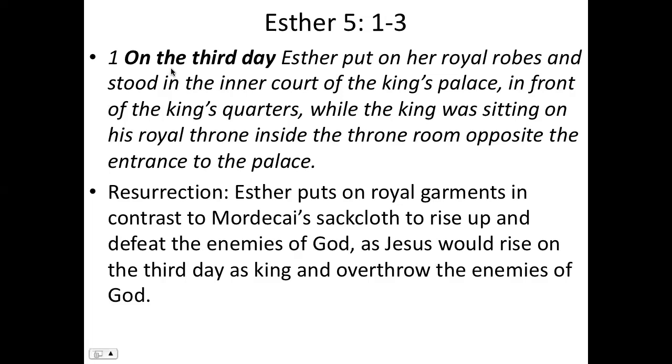There's a note here on the third day. You're going to notice in a lot of Old Testament passages a third day that seems to be related to some sort of resurrection event. Of course, for us Christians, we know that Christ was risen on the third day, but it was the same thing with Jonah being spit out of the belly of the beast, when he came out of the fish onto dry land.